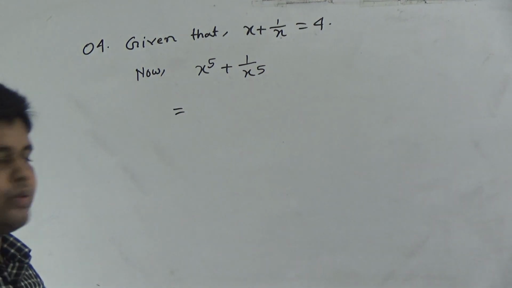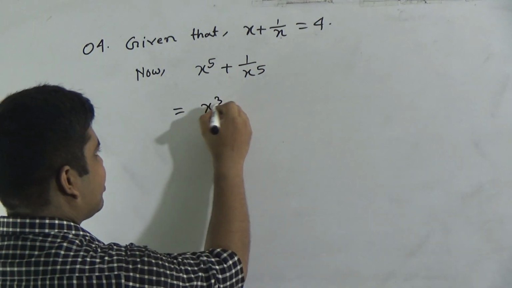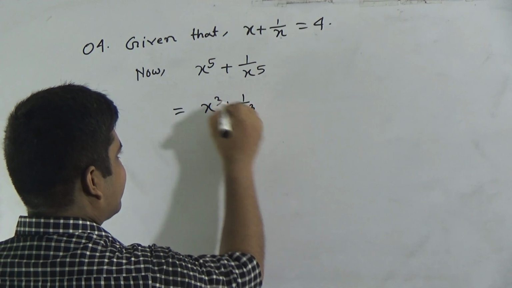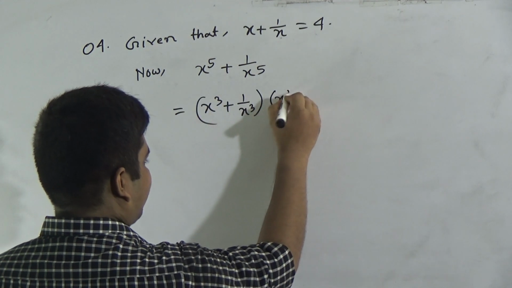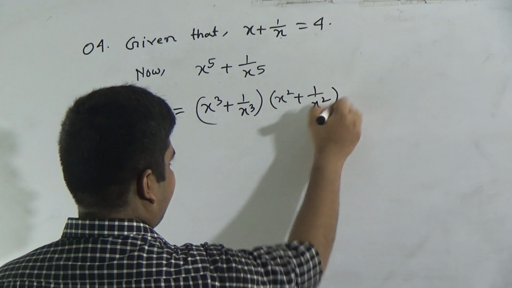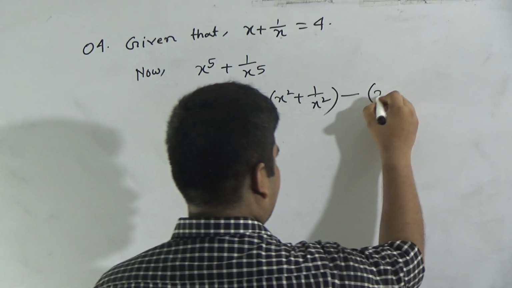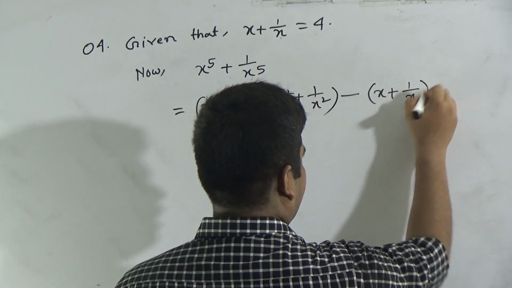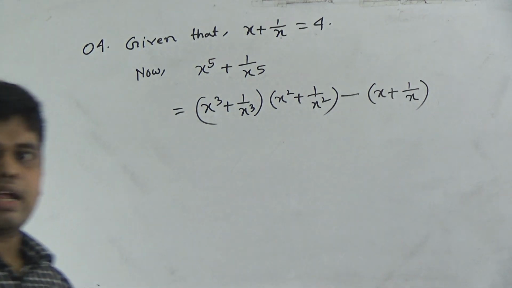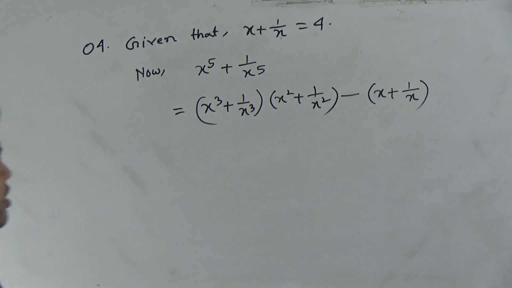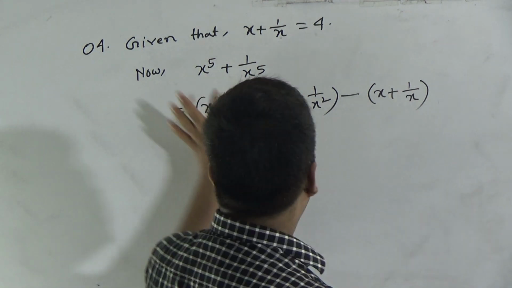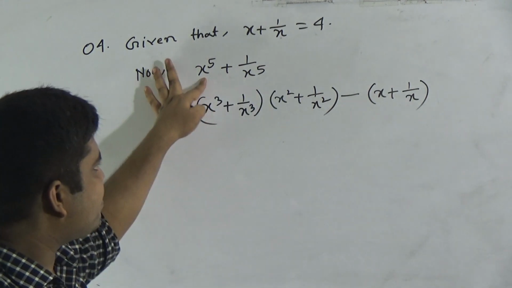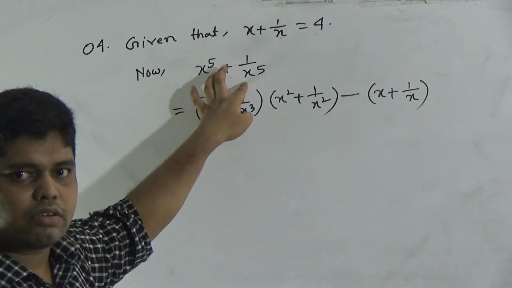From this expression we can write x cube plus 1 by x cube, x square plus 1 by x square minus x plus 1 by x. So, how can we write this? Okay. So, first of all you notice we need to make x to the power 5 plus 1 by x to the power 5.